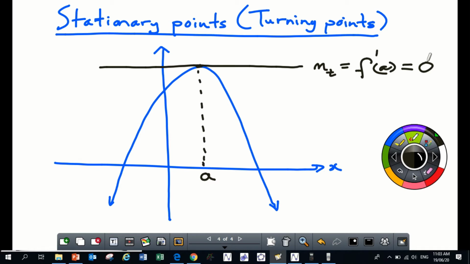Or you use the x-intercepts if they were provided, because the axis of symmetry passes through the turning point for a quadratic graph. So x equals x1 plus x2 all over 2. That's another way of finding the x value at the turning point.